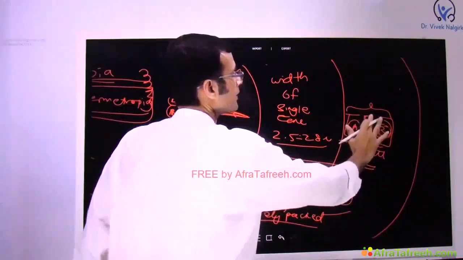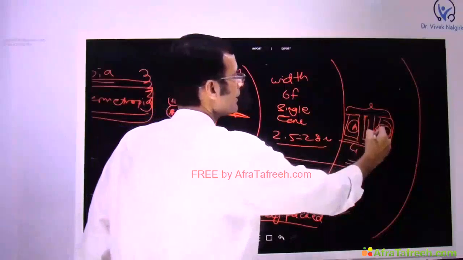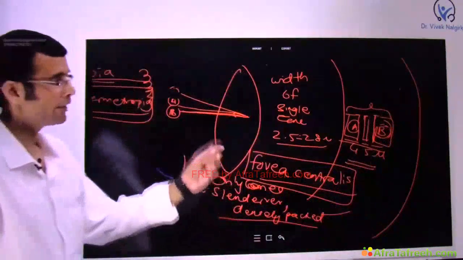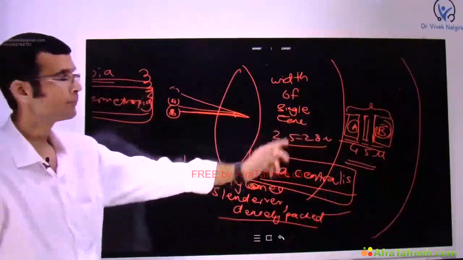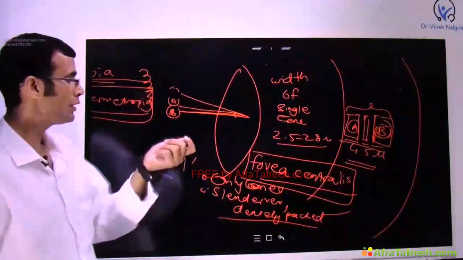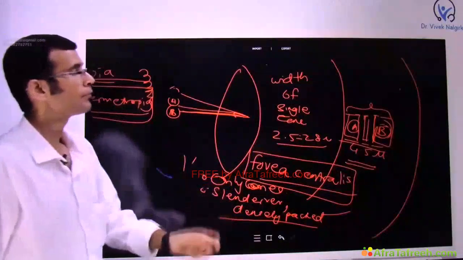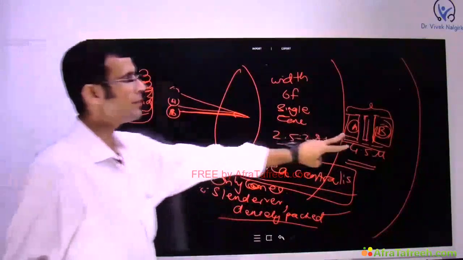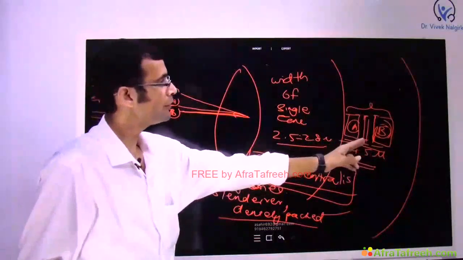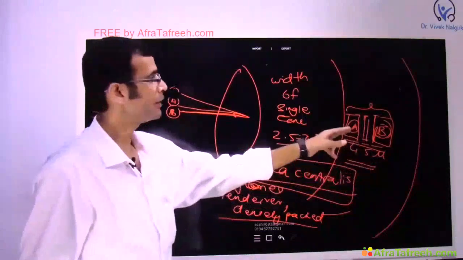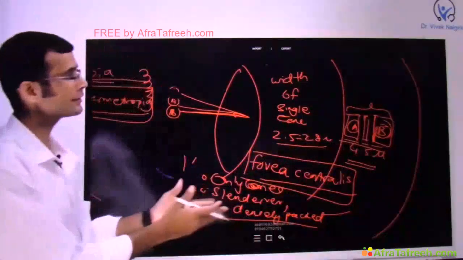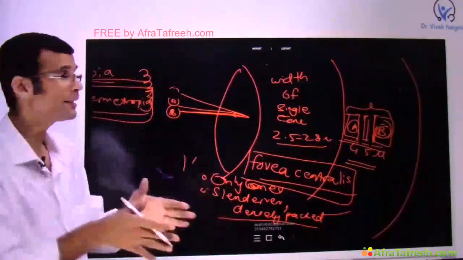Our prerequisite is that at least one photoreceptor should be left unstimulated between the two images on the retina. Only then we see the two separately. So if the cone is thinner, that means the two images can come closer because they have to leave less distance between them, and plus they are densely packed.